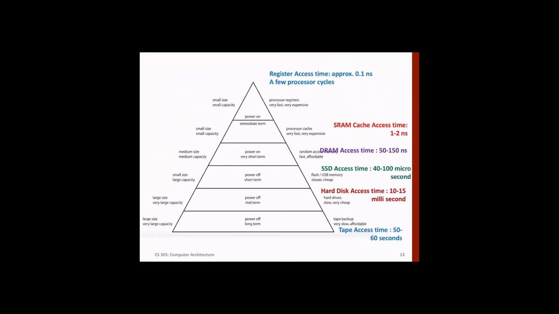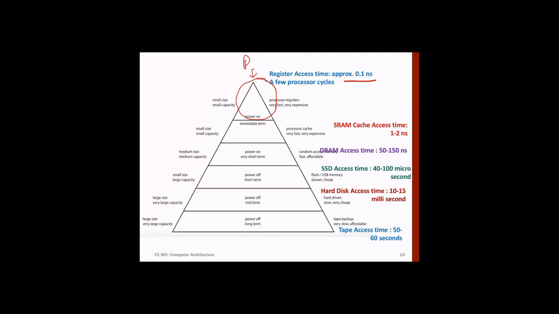All right, so this diagram shows why we need registers. This memory hierarchy we studied already in the previous class, but we didn't have this part, registers. Now registers are here and access time is approximately 0.1 nanosecond, almost like a few processor cycles. We bring something from memory and put it into a register, and the processor uses registers for doing operations.